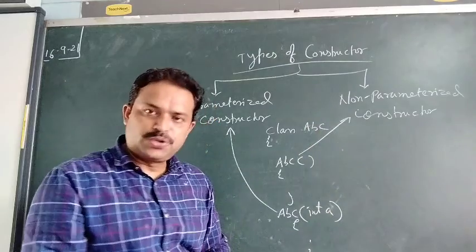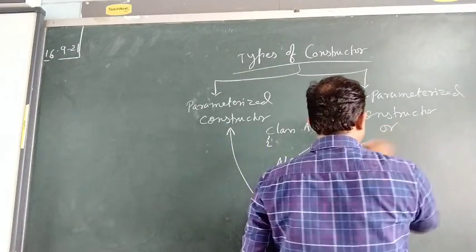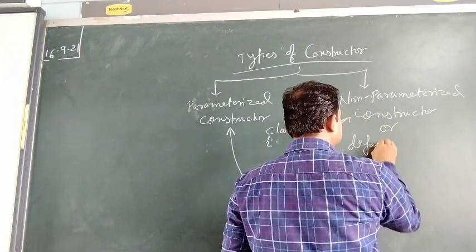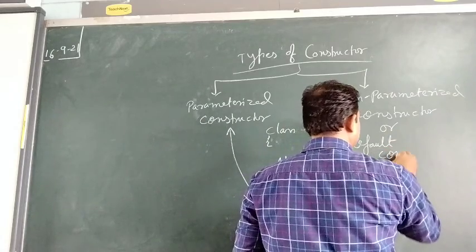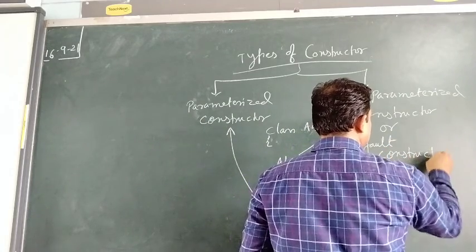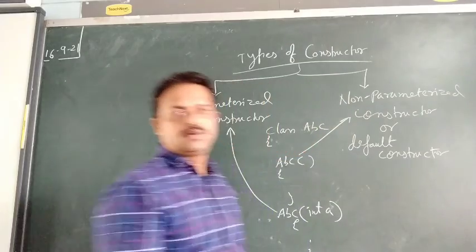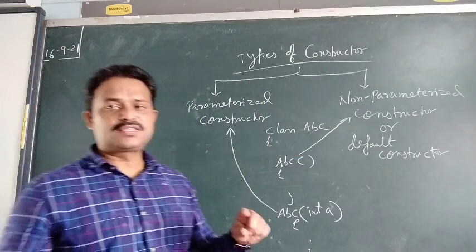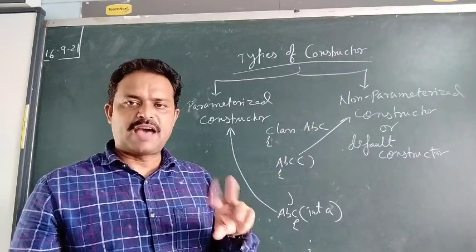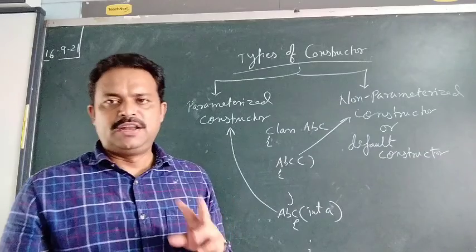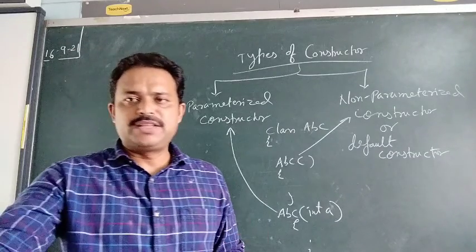Non-parameterized constructor is also known as default constructor. Okay, don't get confused with that default constructor. We have two definitions of default constructor. A default constructor is a constructor which is invoked by the computer itself.